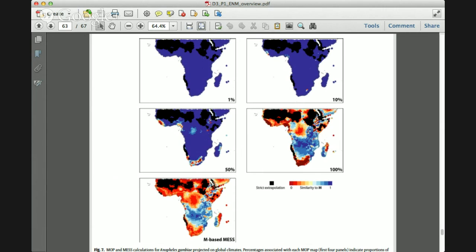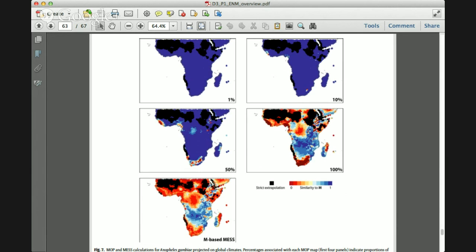So what we did was we developed this metric called MOP, M-O-P, and what that does is that it asks, compared to the calibration region, which you now know should be the same as M, which areas are simply out of range?